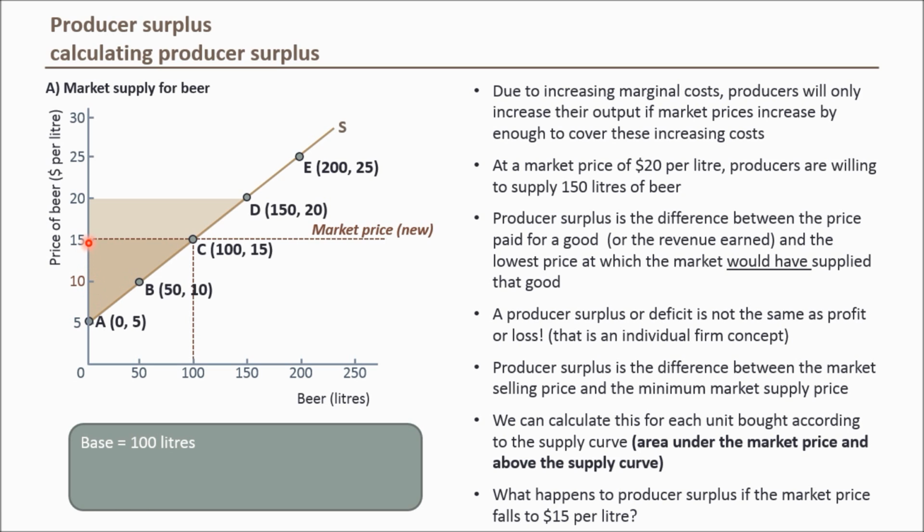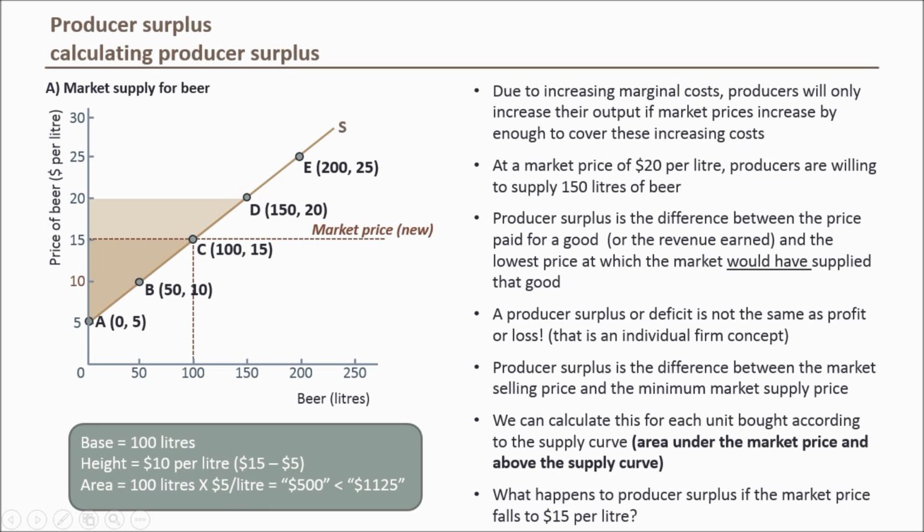So the height of the triangle is equal to $15 per litre minus $5 per litre, which gives us a height equal to $10 per litre. And half the height of the triangle is therefore $5 per litre. The area of the new triangle, or the new producer surplus, is therefore equal to 100 litres of beer multiplied by $5 per litre of beer.